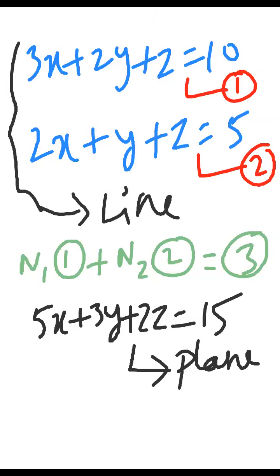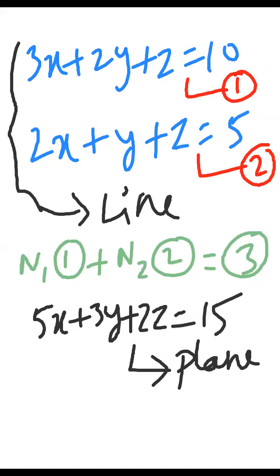Suppose in the case of the GATE exam, they give you three equations, and if any one of the equations is a linear combination of the other two equations, definitely the solution is an infinite number of solutions. Anyway, there you will go by some other method like the rank method or something else. You will calculate the rank, and then finally you will conclude infinite solutions.